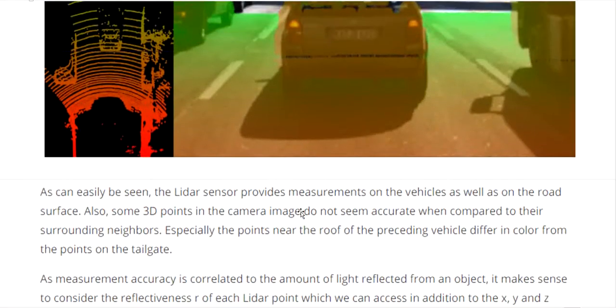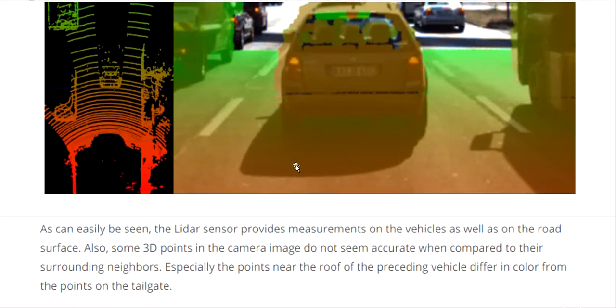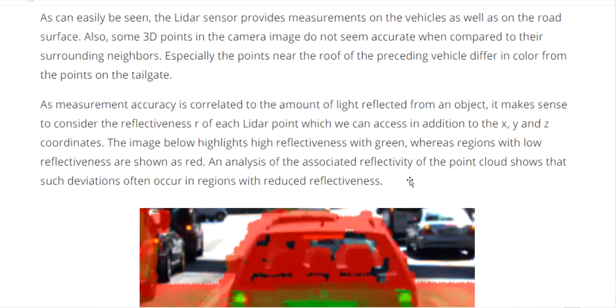As we can see, the LiDAR sensor provides measurements on the vehicles as well as on the road surface. Some 3D points in the camera image do not seem accurate when compared to their surrounding neighbors, especially the points near the roof of the preceding vehicle, which differ in color from the points on the tailgate.